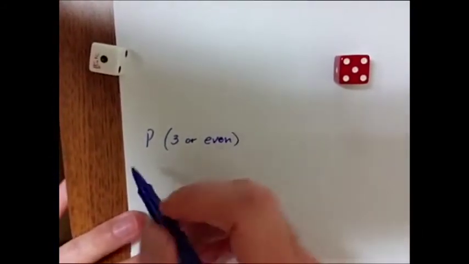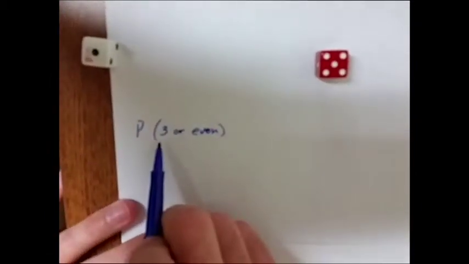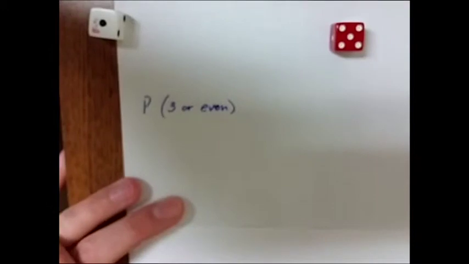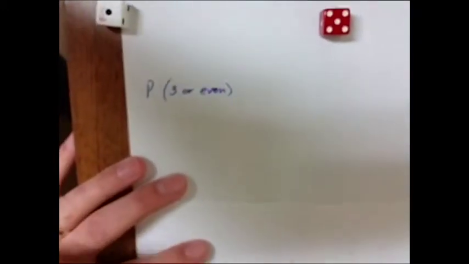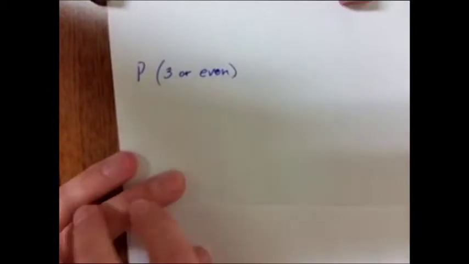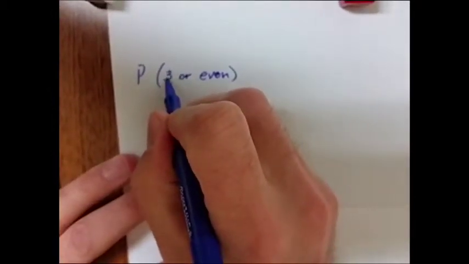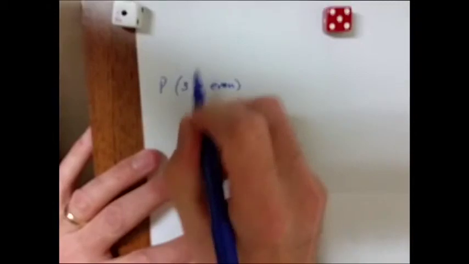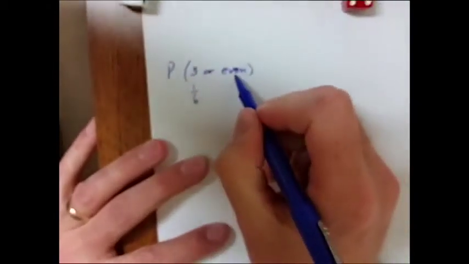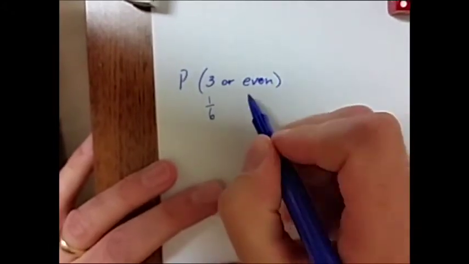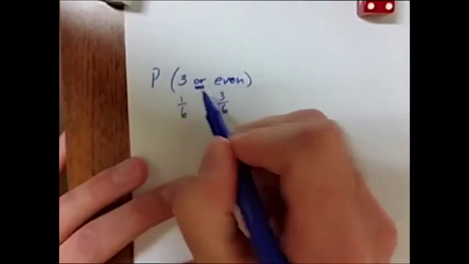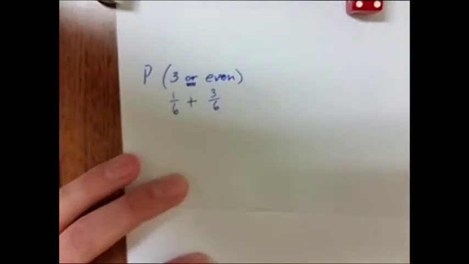He's good. So again, we're looking at probability of rolling a 3 or an even. So in this case, our successful outcomes, our correct outcomes, would be either the 3 or the evens. So what we're going to do is take the probability of rolling a 3, which again we said up top was 1/6, and the probability of rolling an even, which up top we said 3/6, and the or actually tells us to add.